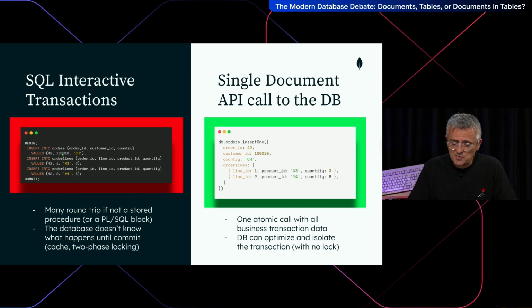Here I have an example where I insert the order headers, and then I have inserts to insert the order lines. The problem is that if you run multiple statements from your Java application, then you have a lot of network round trips. That's not ideal. You can bundle all that in a stored procedure that you deploy in the database. That's what the DBA will tell you.